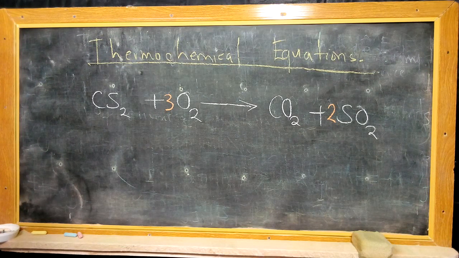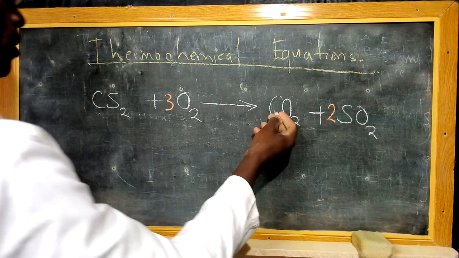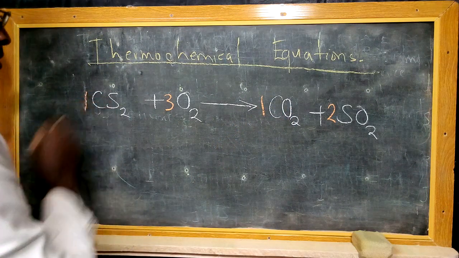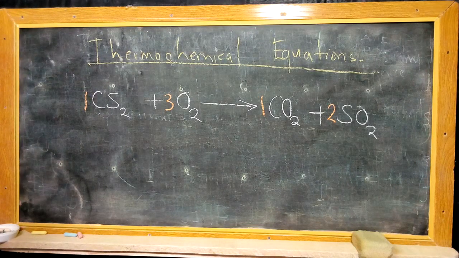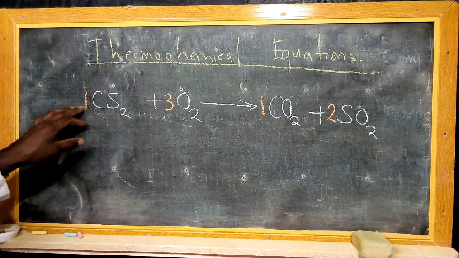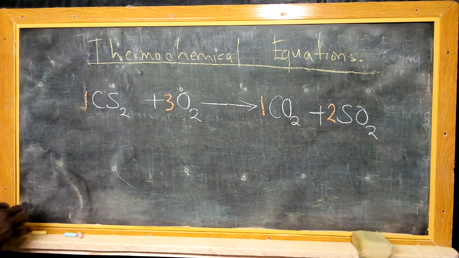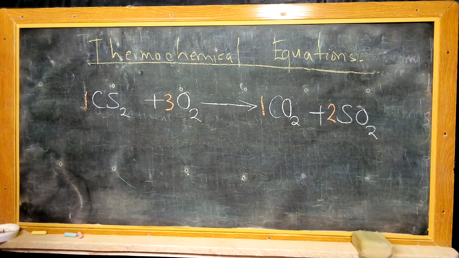Where no coefficient is written, it indicates that the coefficient is 1. So the number of moles of the reactants and the products are balancing for the respective species.